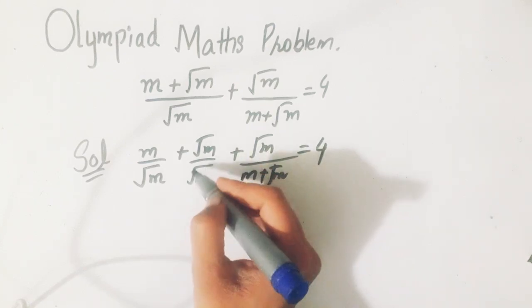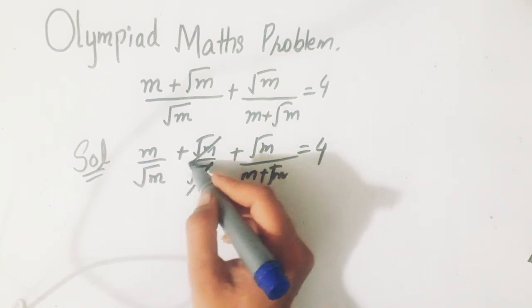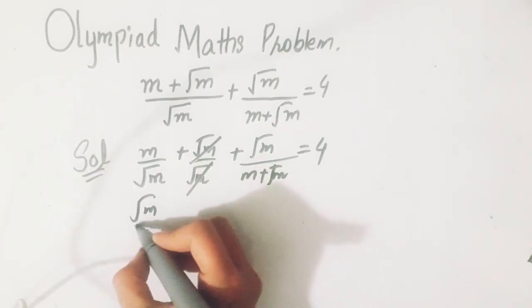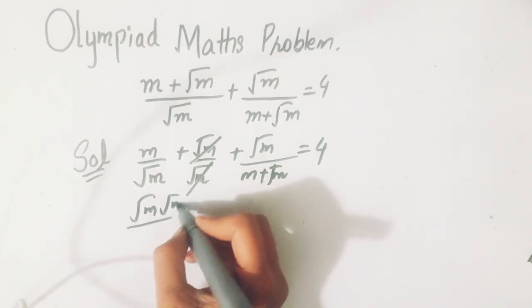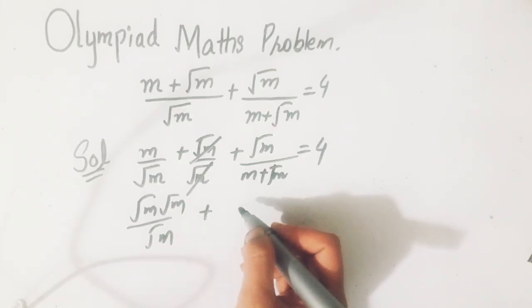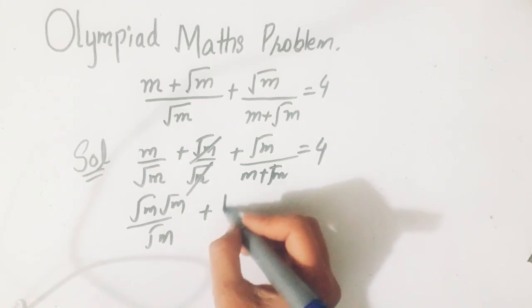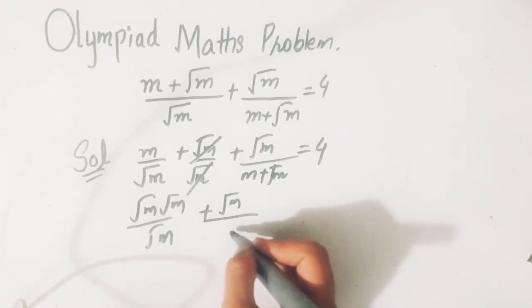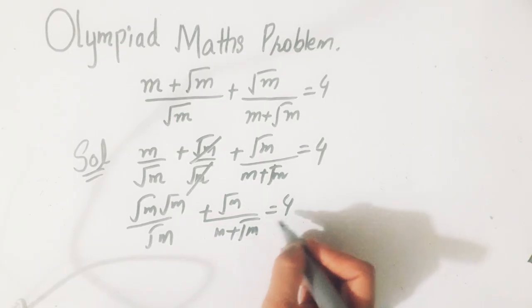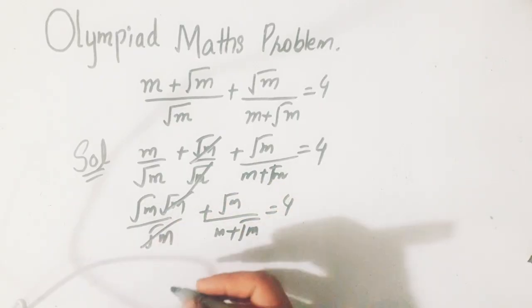this root m and this root m are cancelled out, and this m can be written as root m into root m divided by root of m plus, this will be equals root m divided by m plus root m equals 4. So root m and root m are cancelled out.